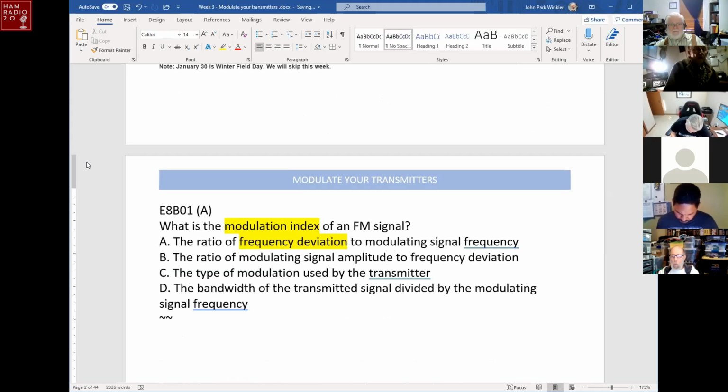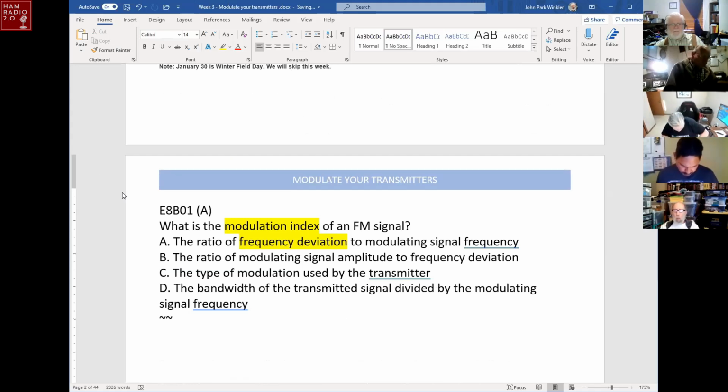And there are some others that we will pick up as we go along. First question is, what is the modulation index of an FM signal? And the answer is, it's the ratio of the frequency deviation to the modulating signal frequency.